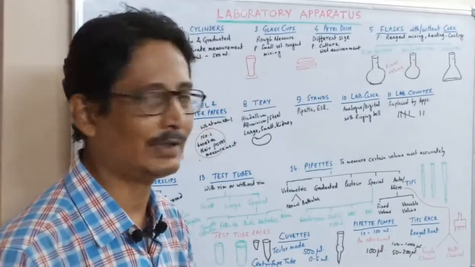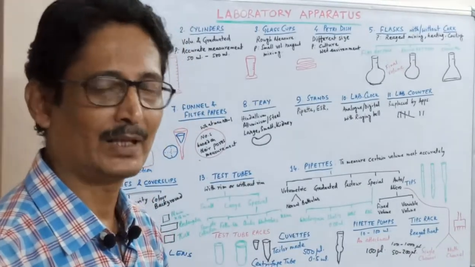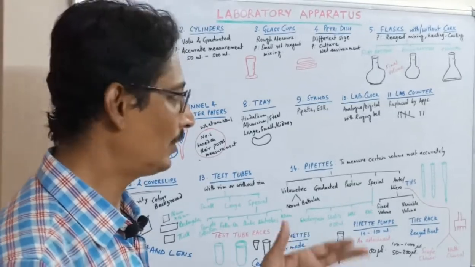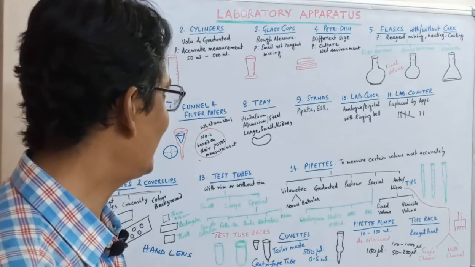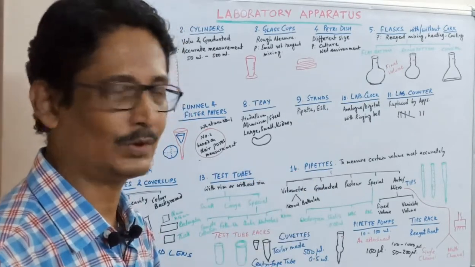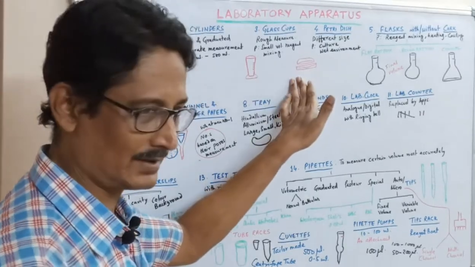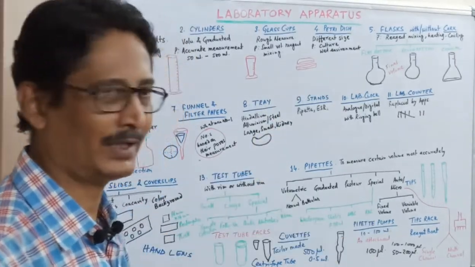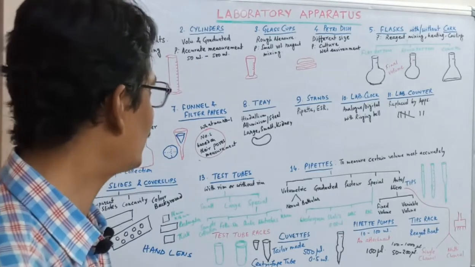Sometimes we require a wet environment, because a slide may dry due to our dry weather. So to avoid the drying of the slide, we keep the slides in the petri dishes. Before that, the petri dish is lined with wet cotton.